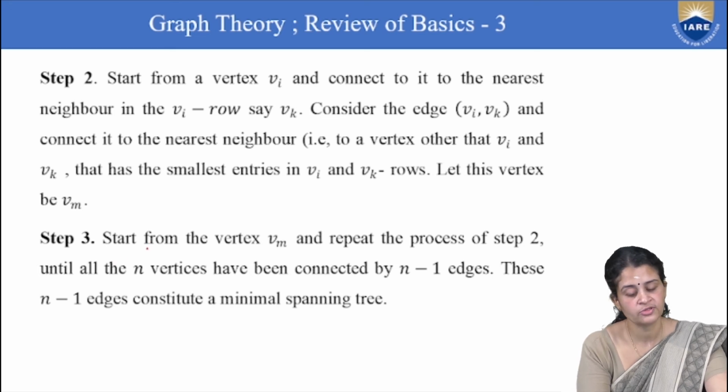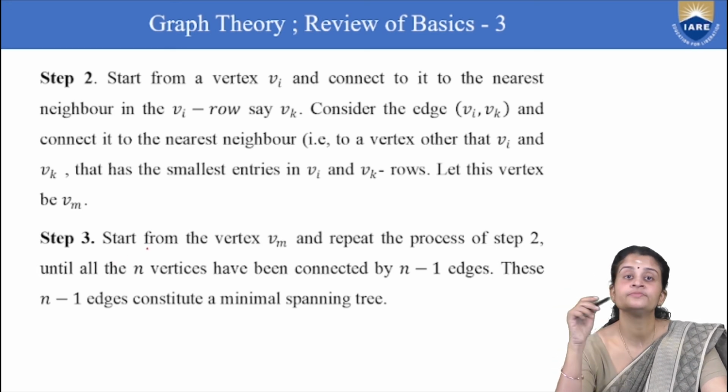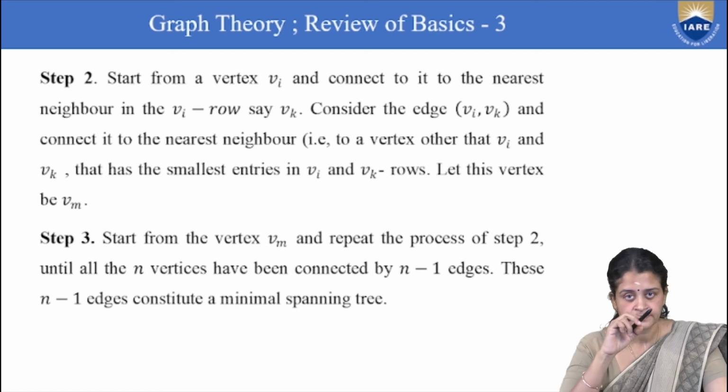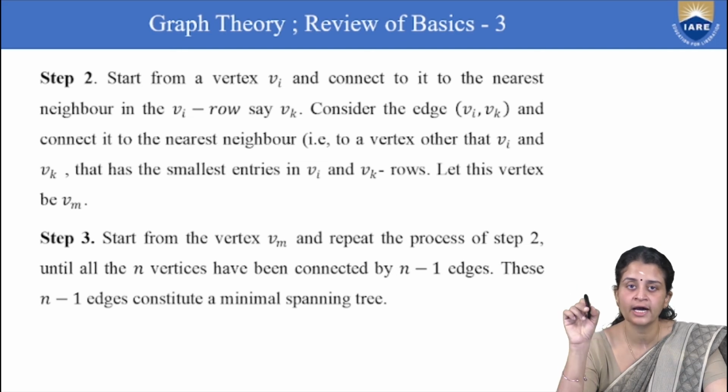In the next step, if we first start from a vertex Vi, then go through all the entries in this row Vi, find the least entry, and this Vi should be connected to that. Let it be Vk.